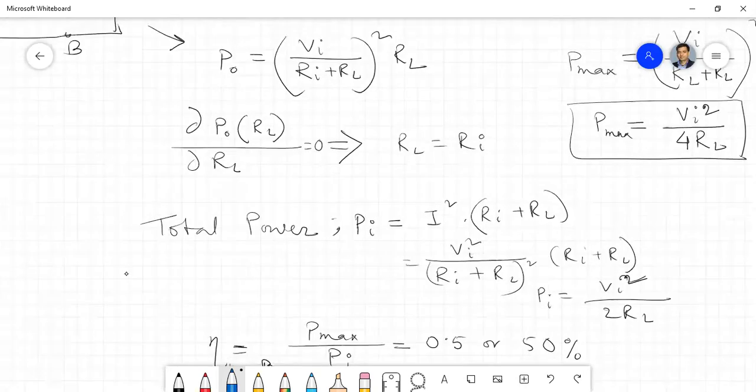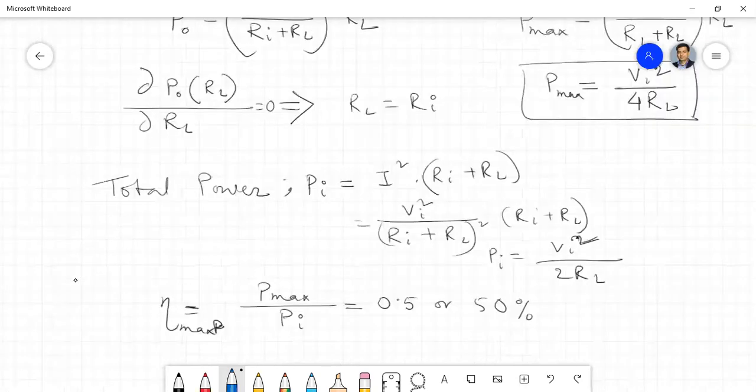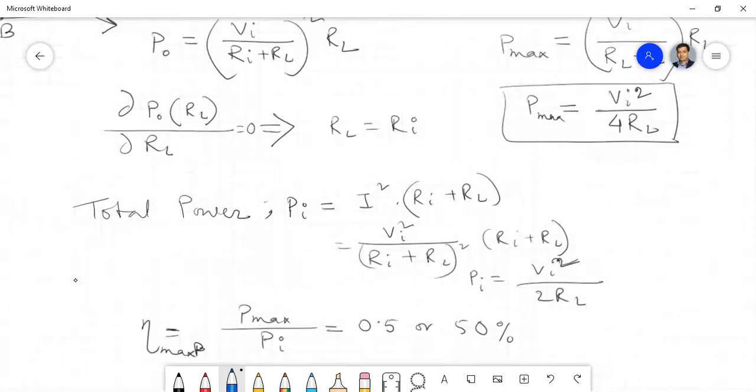We also saw an interesting thing: during maximum power transfer, that means when the load is taking the maximum power, the efficiency becomes very poor, only 50%. That also we proved in the last class.